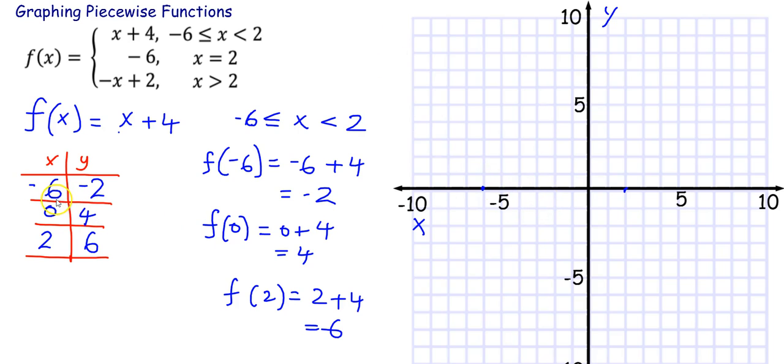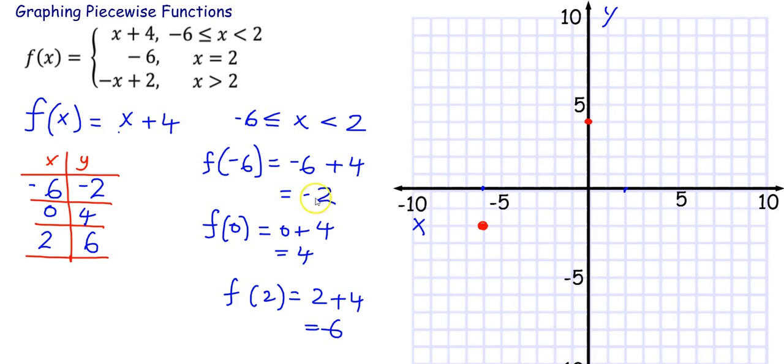The first one is x -6 and y -2. This is -6. Come down by 2 points. That is a solid dot. Next for 0 it is 4. X value 0, y, go up by 4: 1, 2, 3, 4.